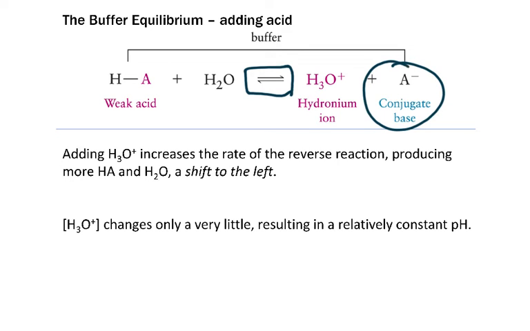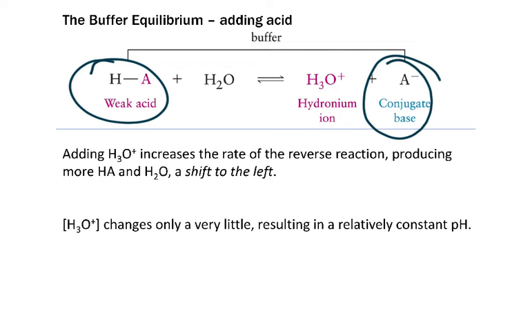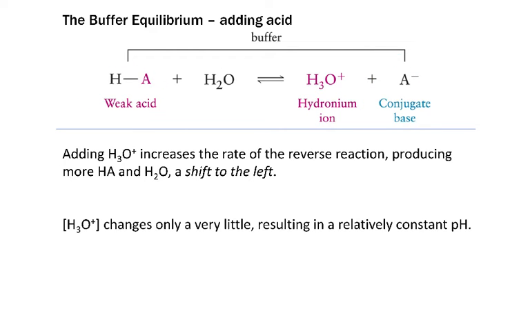So the base itself can combine or react with hydronium to return the acid and water, right? So now let's say we have approximately similar concentrations of these two. What happens if we add acid? So adding an acid means adding H3O plus, or H plus for short. And then we have an equilibrium. We simply think about Le Chatelier's principle. What happens if you add more of this?